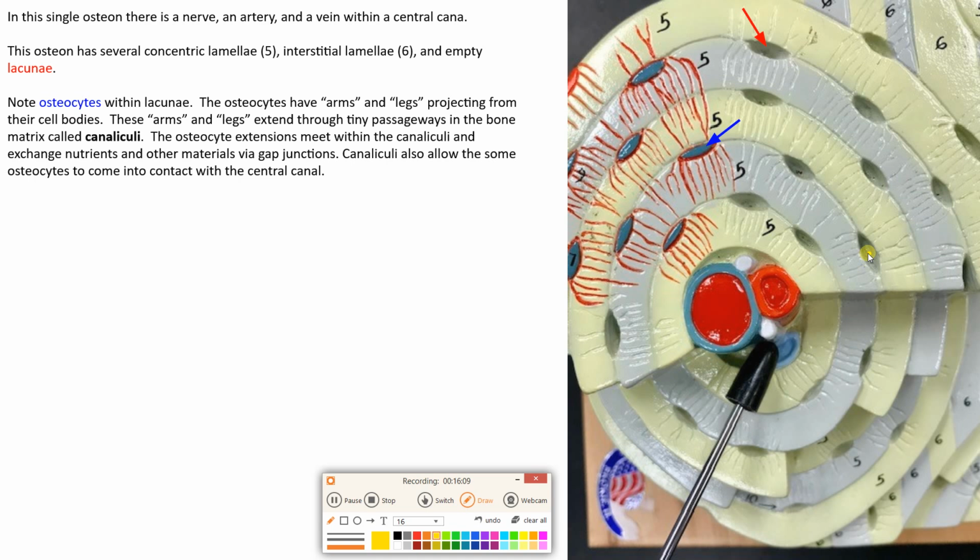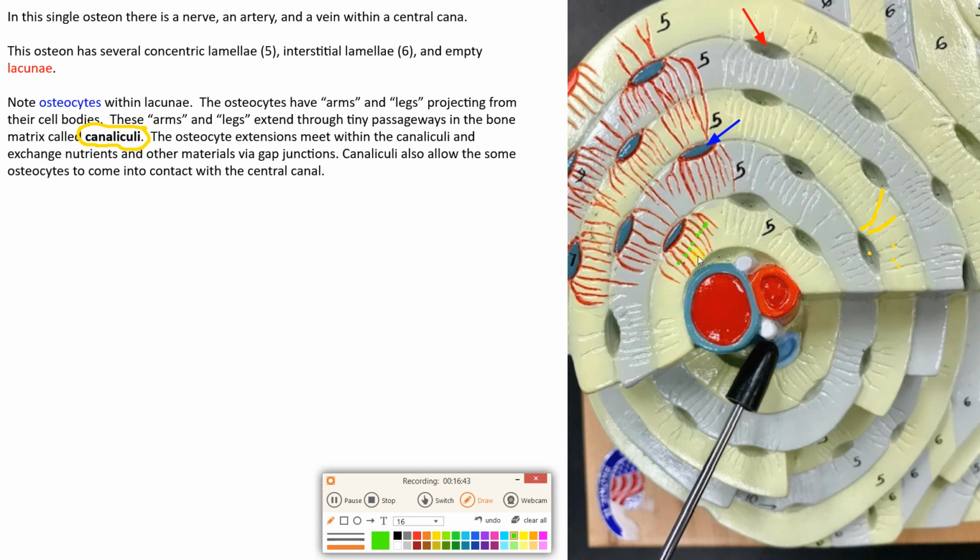Look at that lacuna. Look how that lacuna has these little passageways extending from it, actually connecting to passageways from other lacunae. And these little passageways are known as canaliculi. These passageways are called canaliculi, like little canals. The osteocytes are going to have their arms and legs, quote unquote, in the canaliculi.